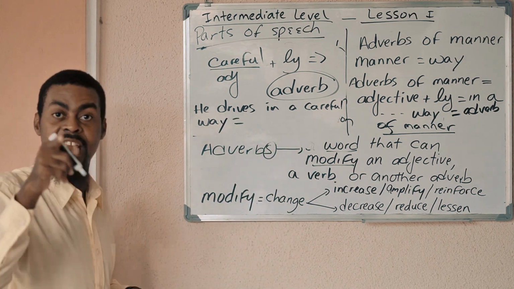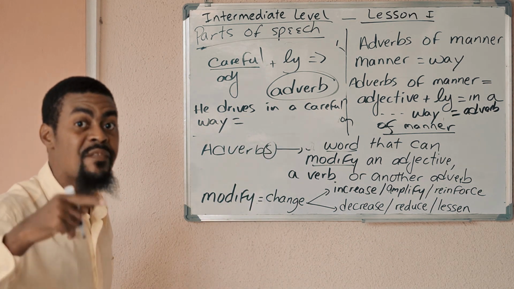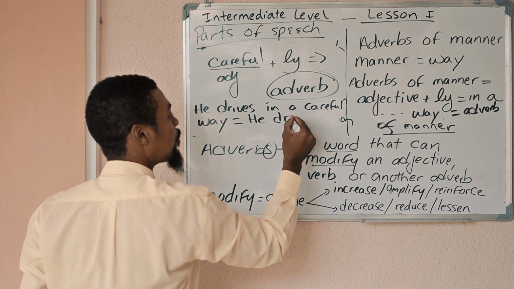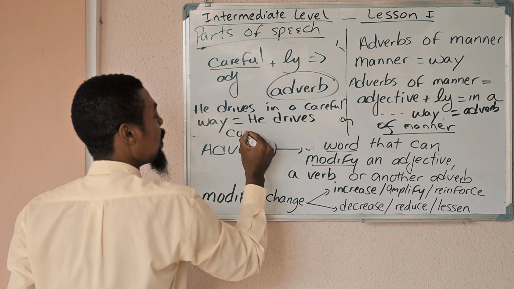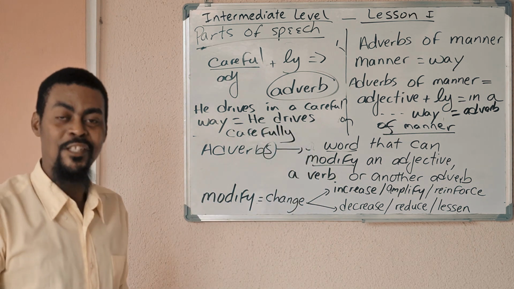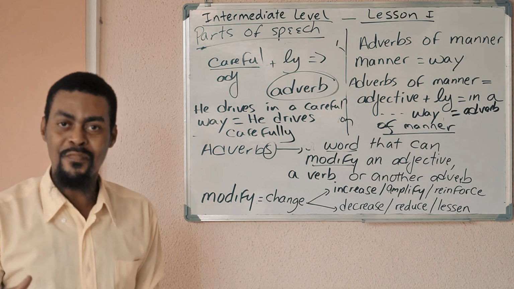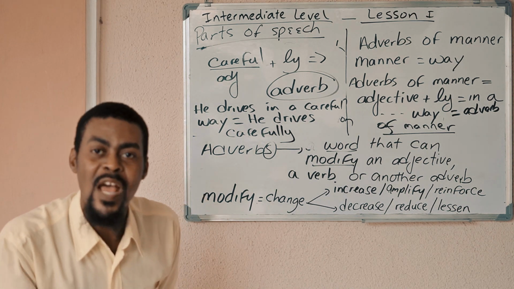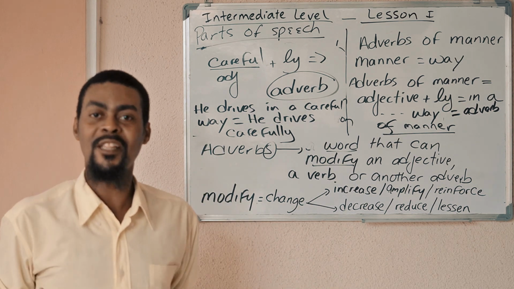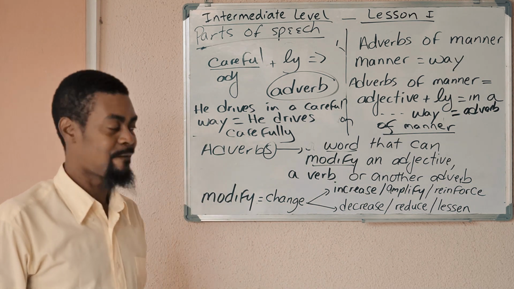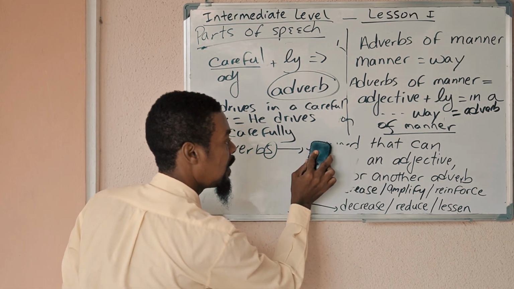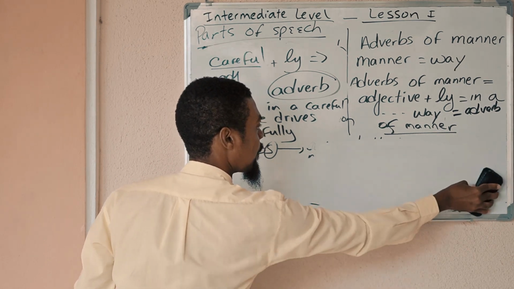If I don't want to say he drives in a careful way, I just say he drives carefully. Carefully is an adverb. And what kind of adverb is it? It's an adverb of manner, because it tells about the way he drives.